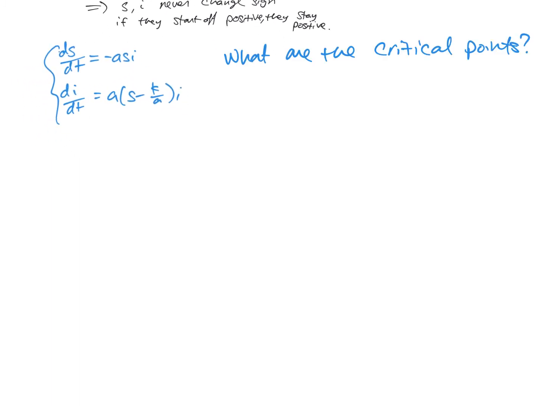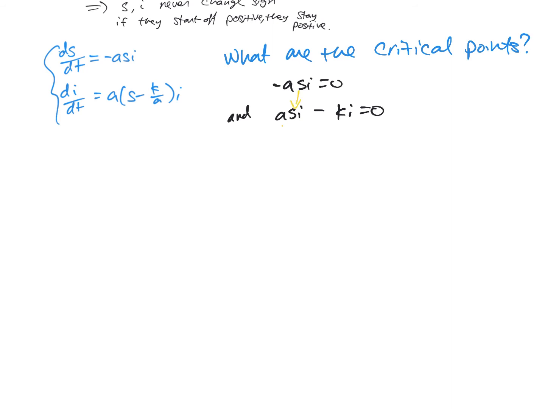That's what we get when we set both dS/dt and dI/dt equal to 0. So if we have negative aSI equal to 0, and I'm going to expand out dI/dt to write aSI minus kI equals 0.